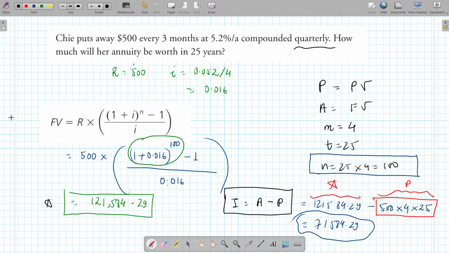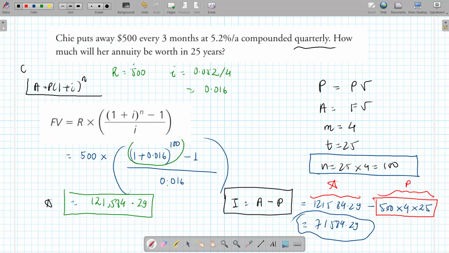So here's the formula right here. We're not going to get into the derivation because it gets a little bit tricky at this level, but it just comes from the compound interest formula, which says your amount or future value is P(1 plus i) to the power of n.